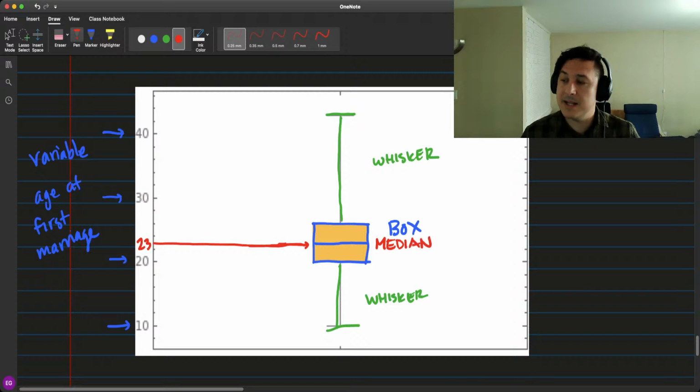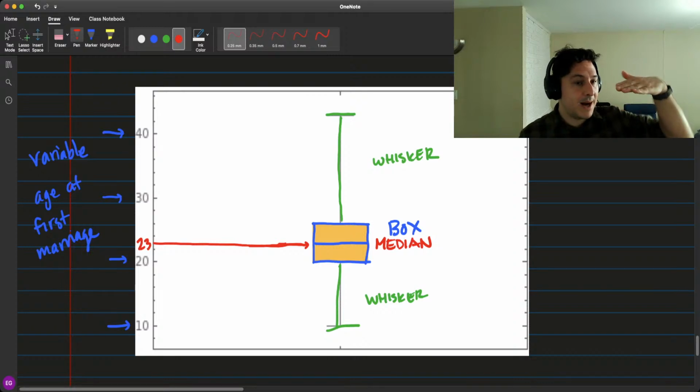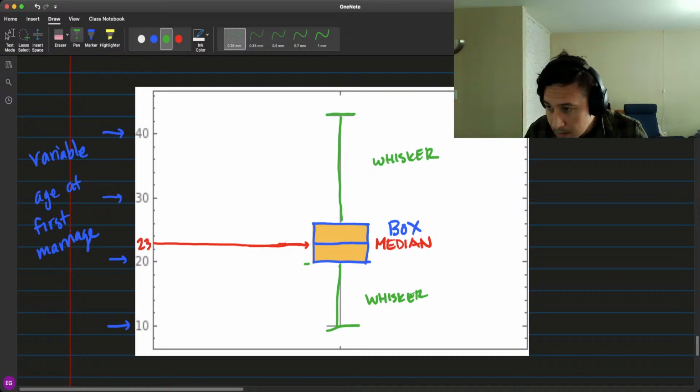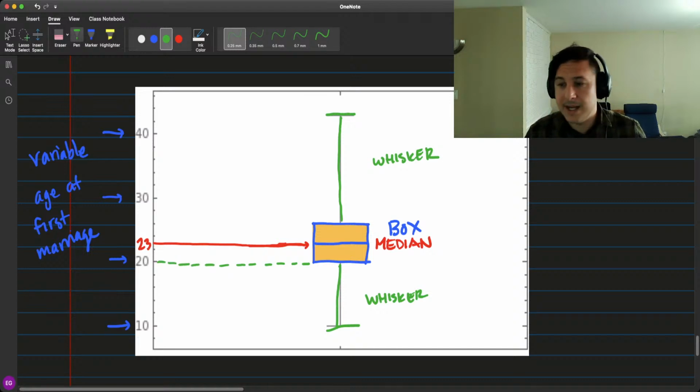So when you look at a box and whisker chart or a box plot, you're going to have your box, and in the box somewhere is going to be a line. That's your median. Okay, and then you have two other lines. Approximately at what value does that line seem to be? About 20, right?